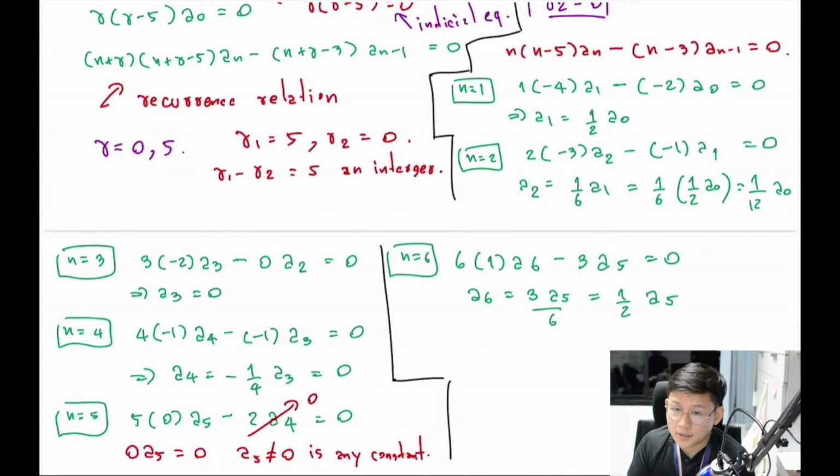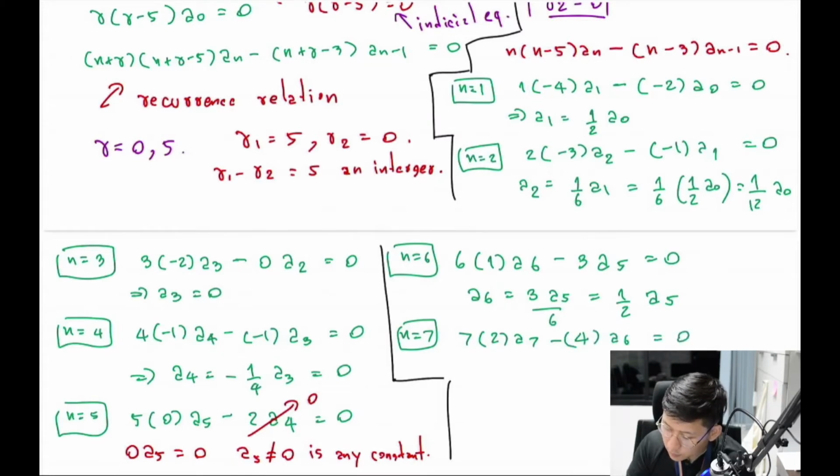Okay, and after that we get n equals 7. So we have 7 times 2, a7 minus 4 a6 equals 0.